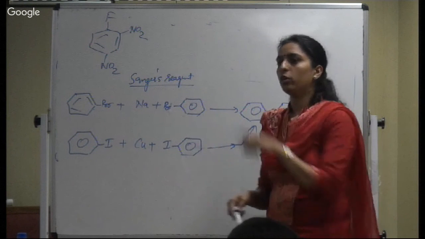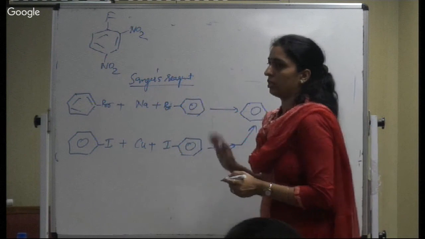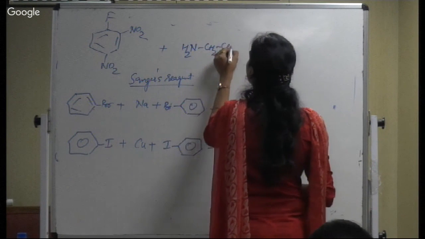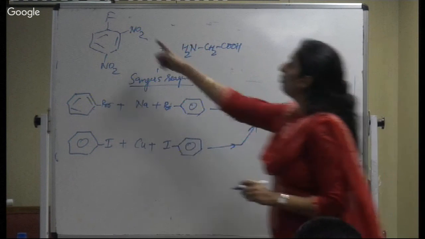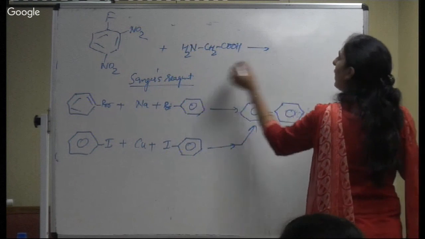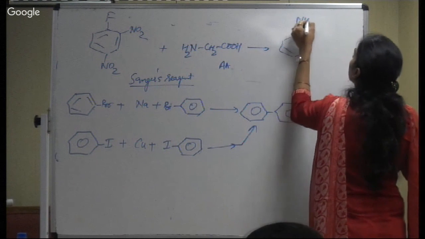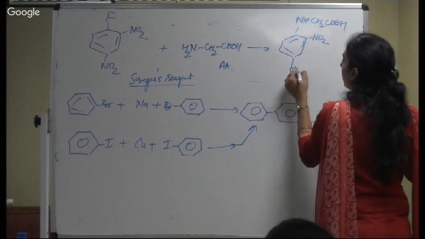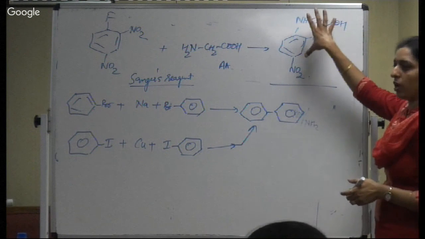Whenever you have a protein chain, you want to find out which amino acid is present at the N-terminal, you use this reagent. You just tell me what will be the product if I treat it with glycine. It's a simple nucleophilic substitution reaction because you have two nitro groups at the ortho and para positions. So the treatment with any amino acid will give you the NH derivative. We find out what the product is and we analyze it.